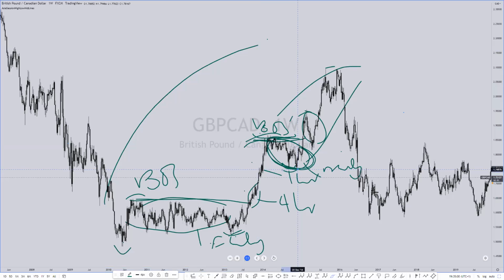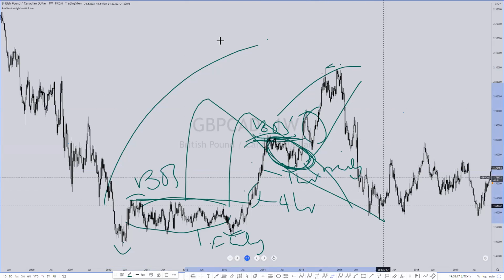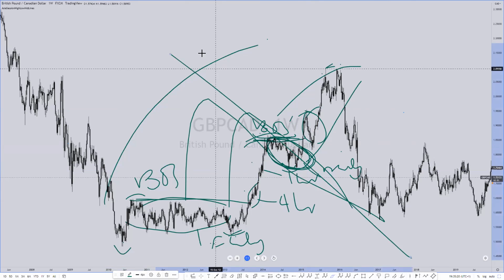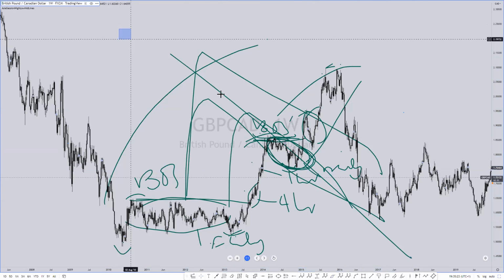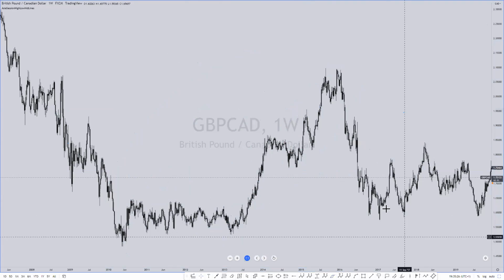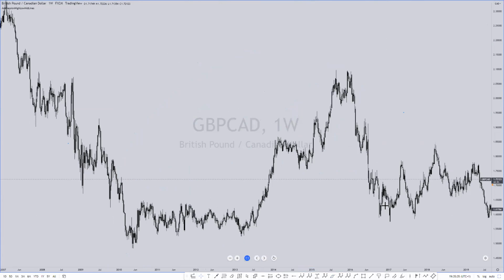So from this low right here to the highest high, I want to consider it as my own new weekly range. For you, you may want to take your reference weekly time frame structure as this low to this high, this low to this high, this low to this high.